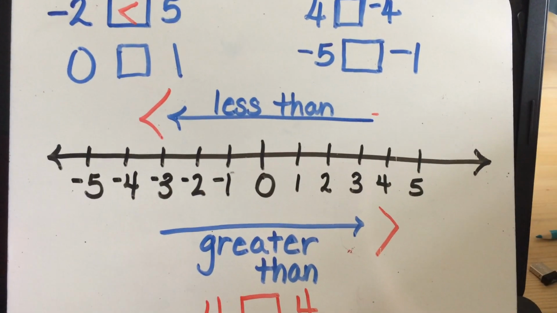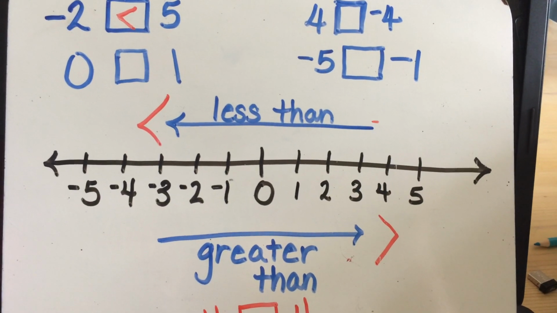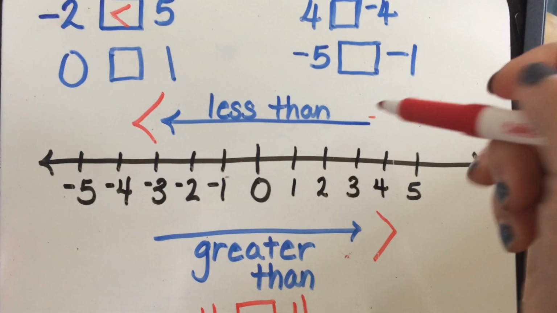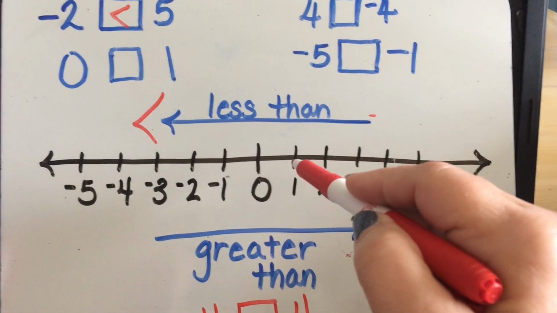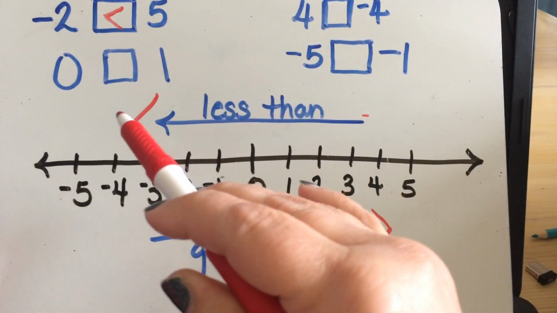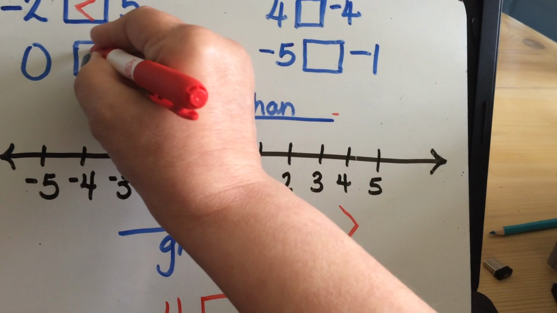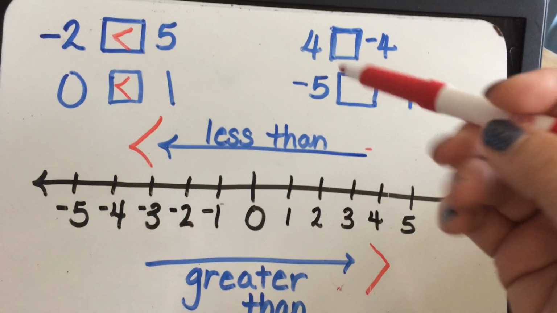The next problem says 0 is what? Less than or greater than 1. Well, here's 1 and here's 0. When you're at 1, you're going to go that way to go to 0, which is less than. And again, it's pointing at the smaller number.